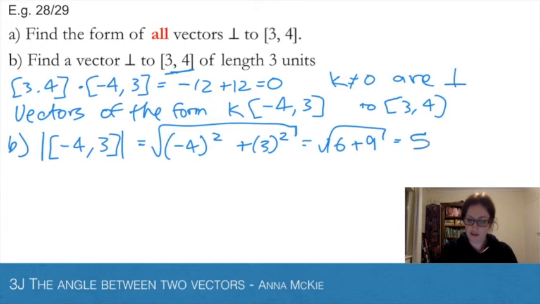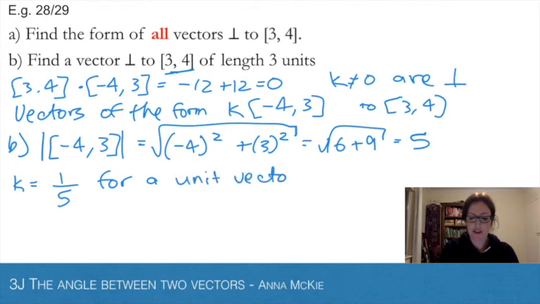So that's equal to 5. Now, k is the scalar, and so if k is 1 over the length of that vector, that would be what we need for a unit vector. See the previous video on unit vectors if you need some refreshers on that.